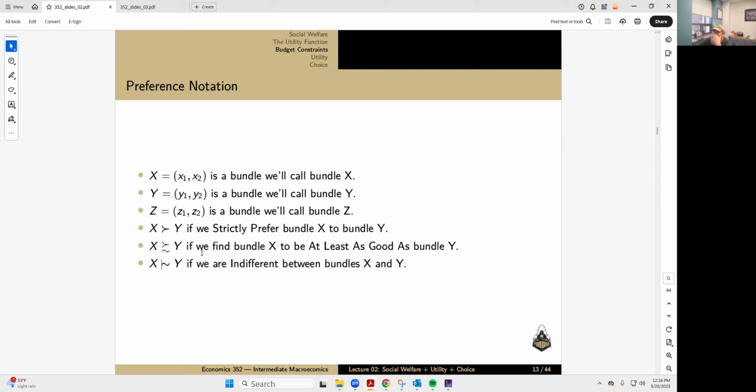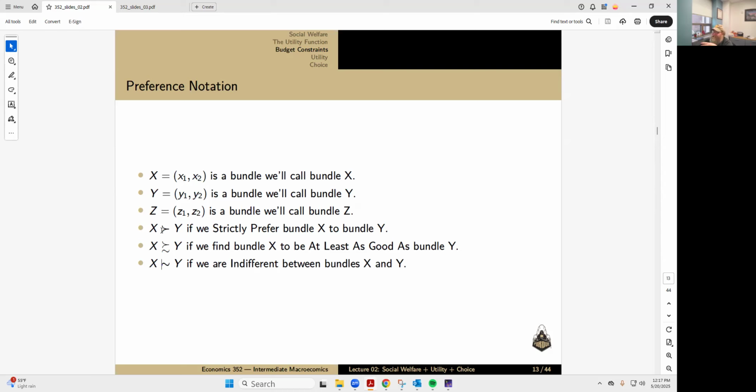And so we're going to think about these things in terms of utility levels. If I strictly prefer X to Y, I know that the utility levels of X and Y are different. So if we assume for a moment that X and Y are the same price, and I also say that I strictly prefer X to Y, it must be the case that X provides higher utility than Y does, right?